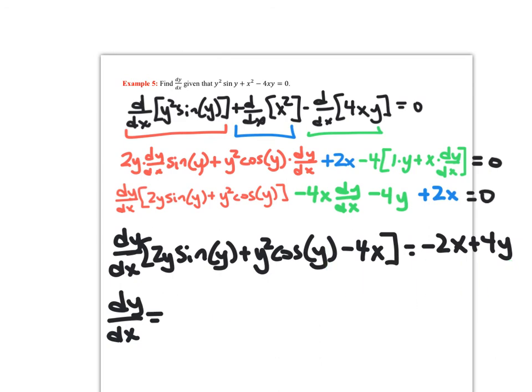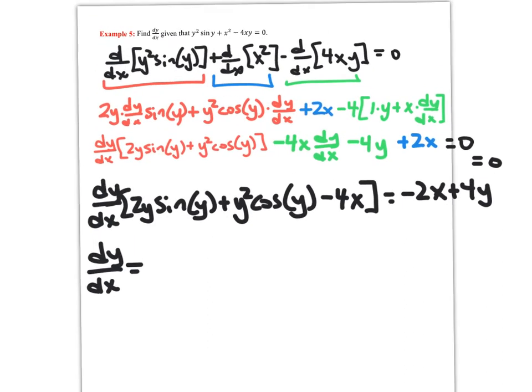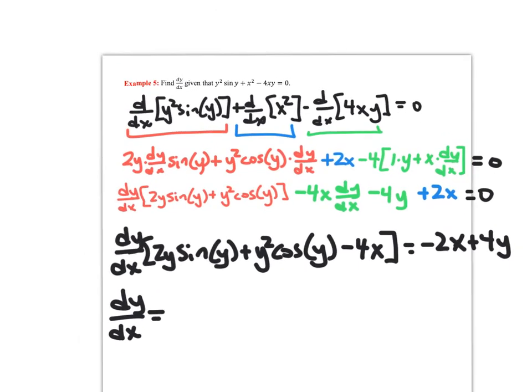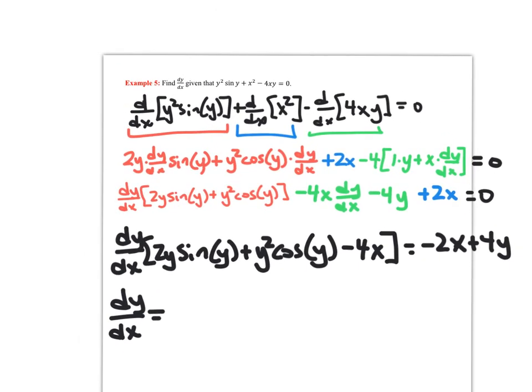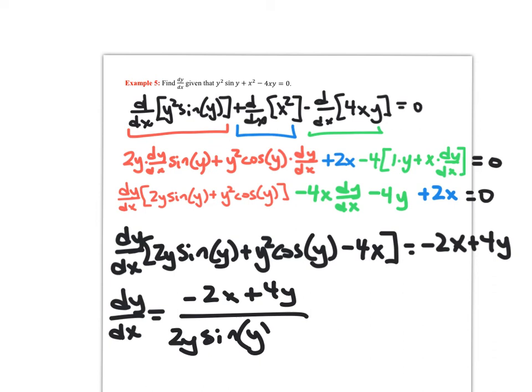So all that I'll get for the derivative, or dy/dx, is I'm just going to take -2x plus 4y, divided by this massive expression here.